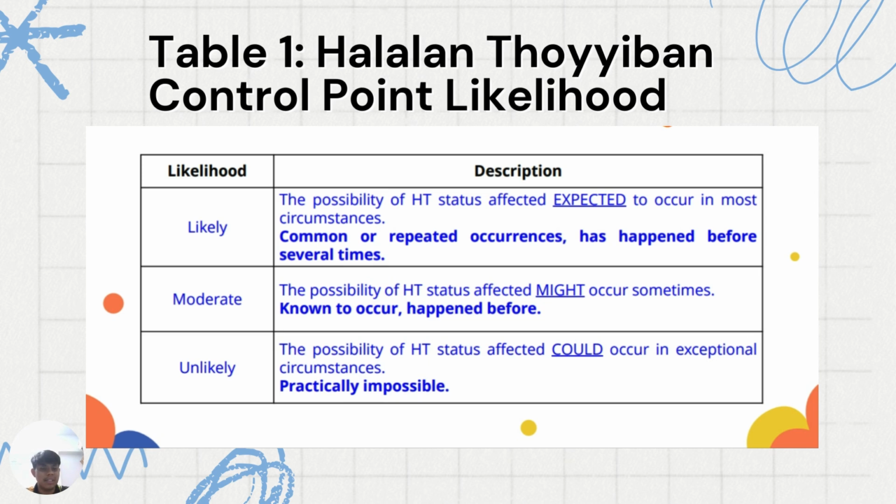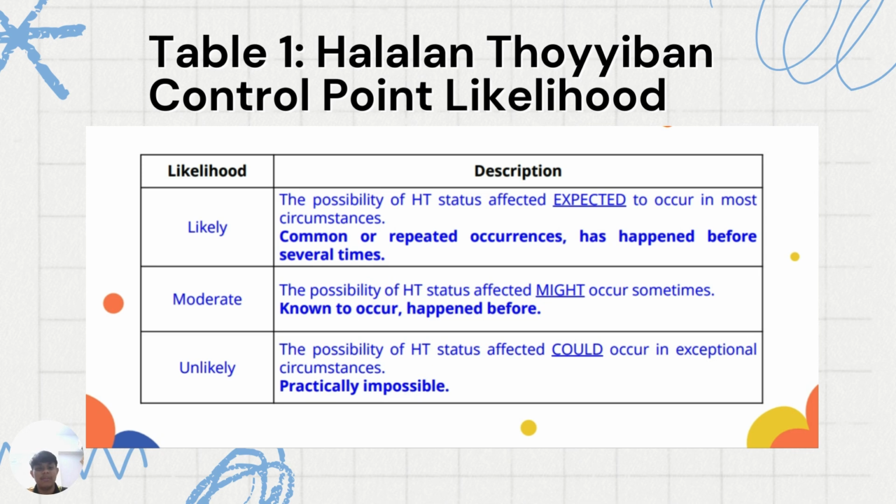And the second one is moderate. The possibility of halal thoyyib status being affected might occur sometimes. This means it has happened before or is known to occur, but not several times, just maybe one or two times in a year or in 6 months. So we move to the last one, which is unlikely.